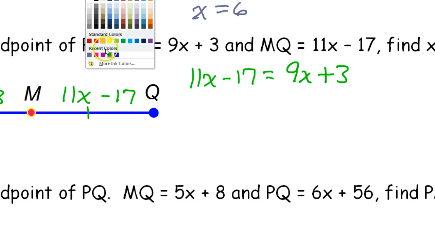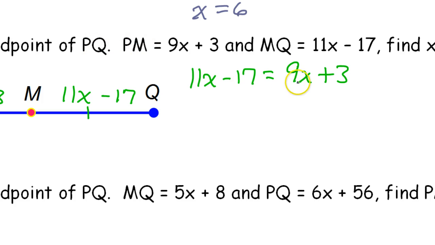We can solve this to find x. I'd like to get the variables together first, so subtract 9x from both sides. That gives me 2x minus 17 is equal to 3.